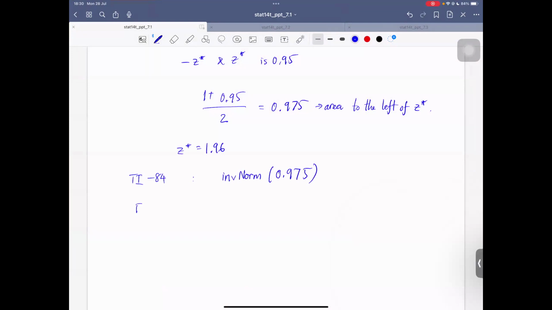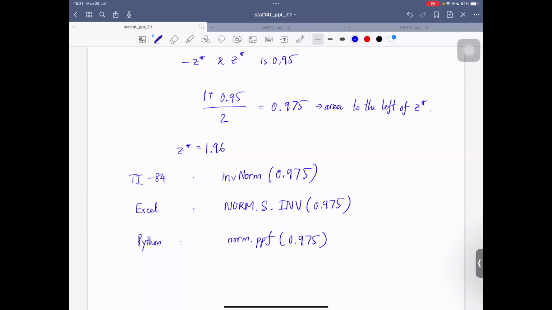Or if you use Excel, you can use the function NORM.S.INV of 0.975. And if you use Python, you can use norm.ppf of 0.975. Okay, so this is how we can find z star from the 95% confidence level. Are we good?